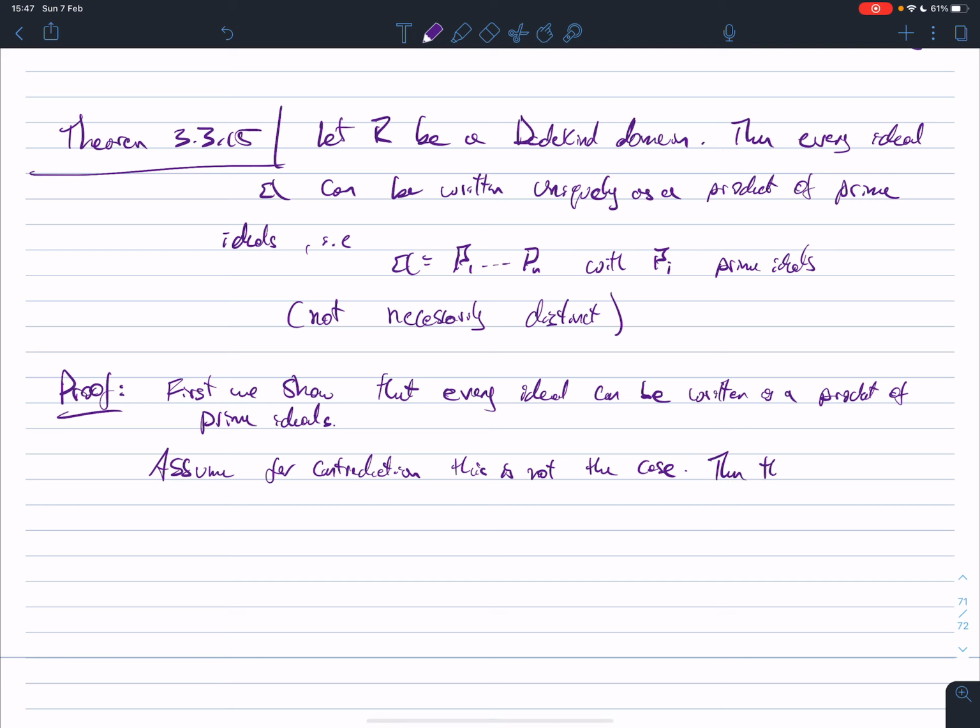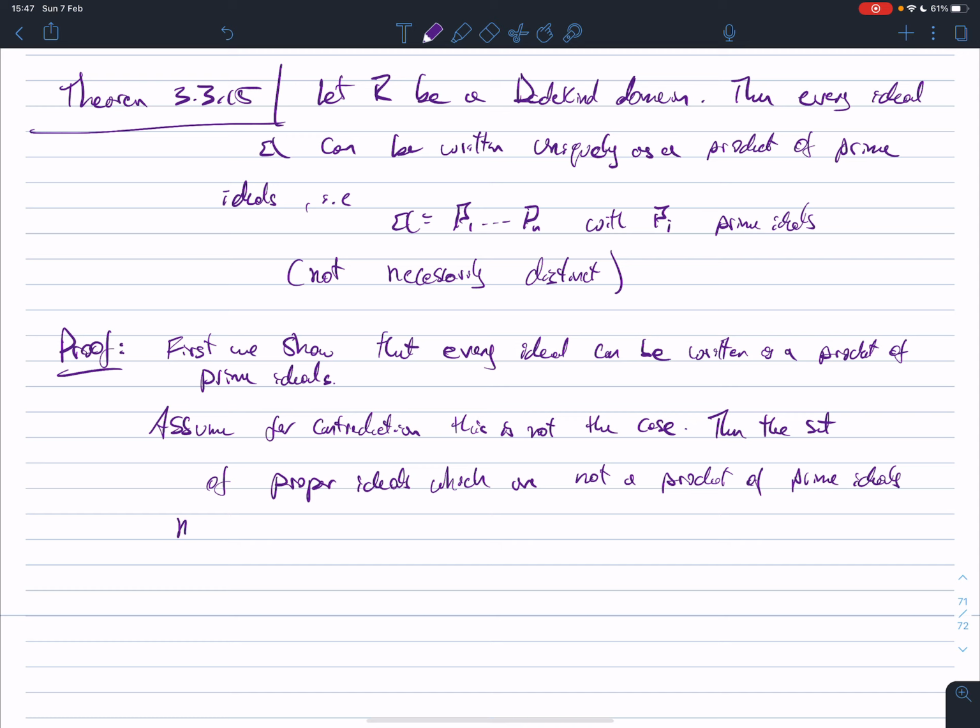This set must have a maximal element, as R is Noetherian.